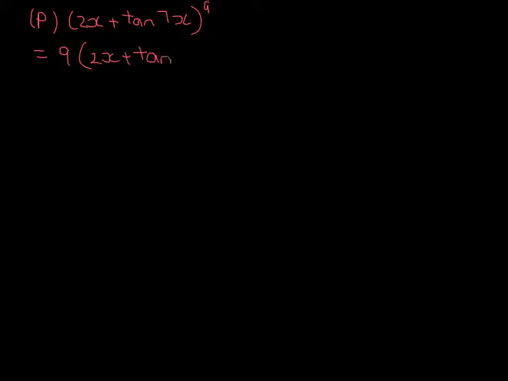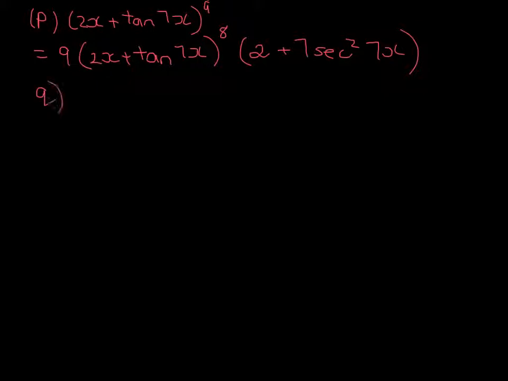It's the function of a function rule that we were just using actually to derive the trig. Minus 1 from the index, and then multiply by the derivative, and we need brackets because there's 2 terms. So the derivative of 2x is 2, and the derivative of tan 7x is 7 sec squared 7x. And I would just leave that like that. There's no point in multiplying the 9 in. Just leave that one.